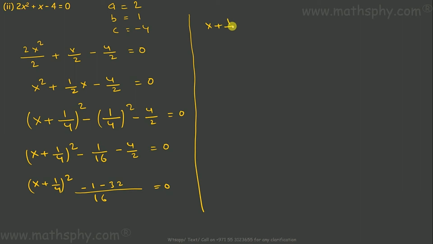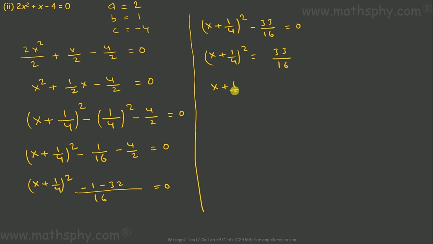X plus 1 over 4 whole square minus 33 over 16 equals 0. X plus 1 over 4 whole square equals 33 over 16.